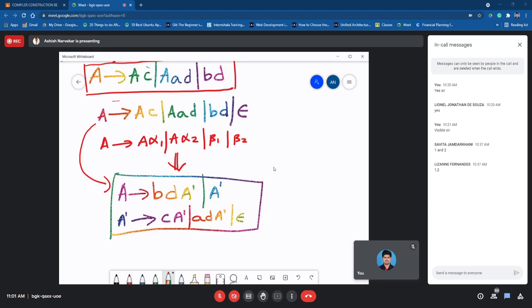Okay. So now if I want to write the general form, it will become A derives beta 1 A dash, or beta 2 A dash, and A dash derives alpha 1 A dash, or alpha 2 A dash, or epsilon. Okay. So this is the general form.